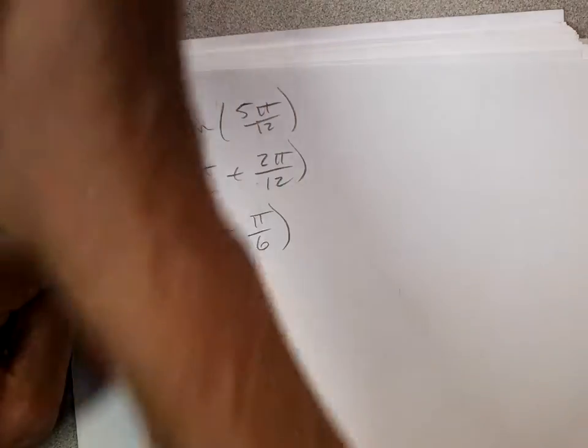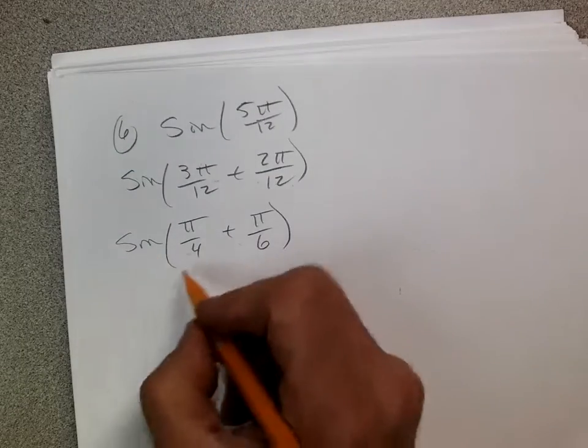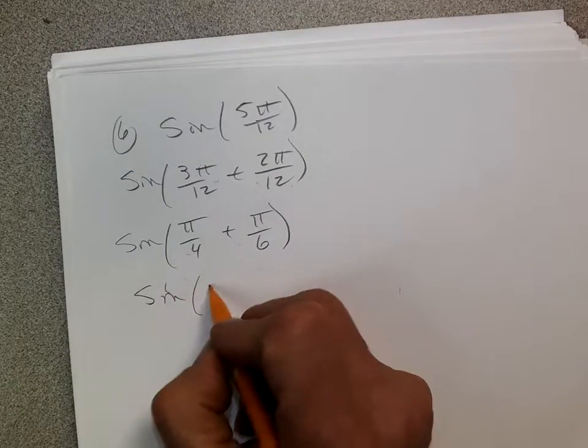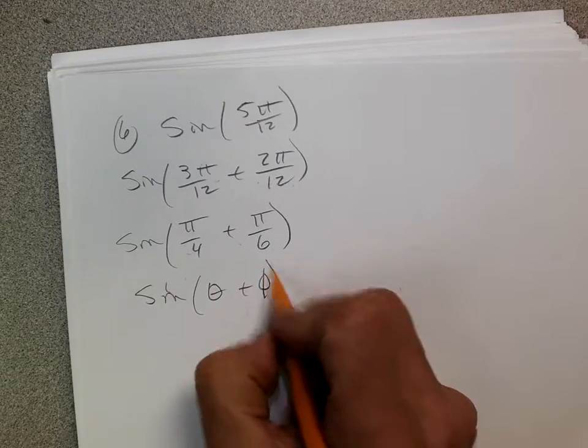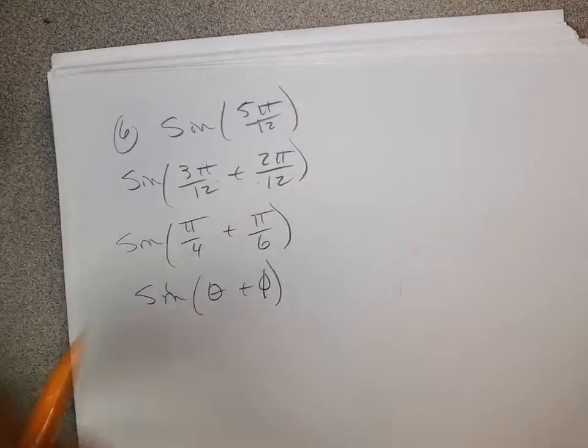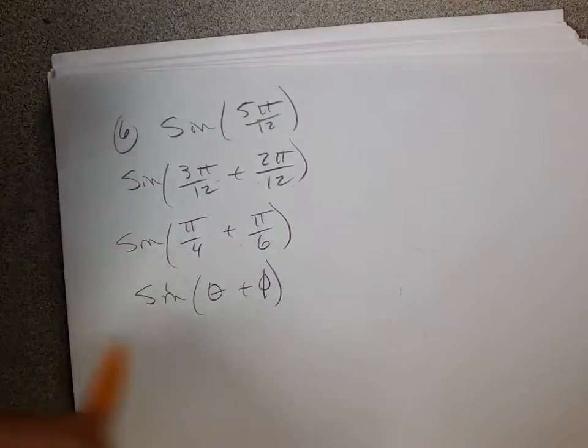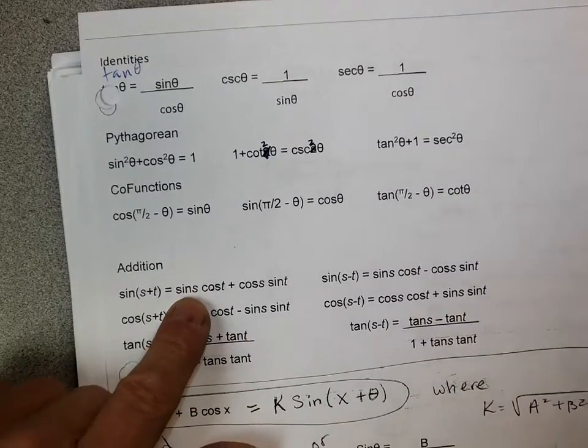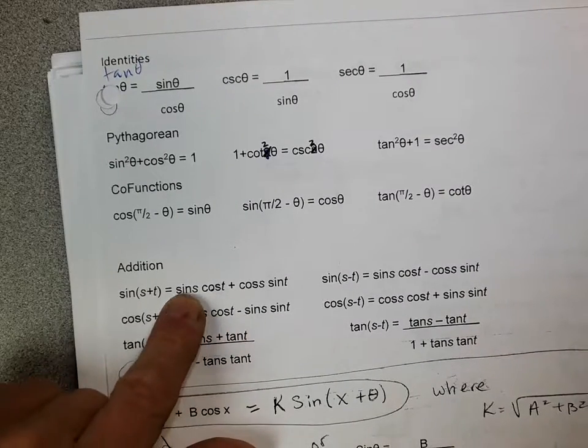Okay, so we're looking for sine of theta plus phi. Look at my addition sheet, and I find it right there. Sine theta plus phi. It's going to be sine theta cosine.